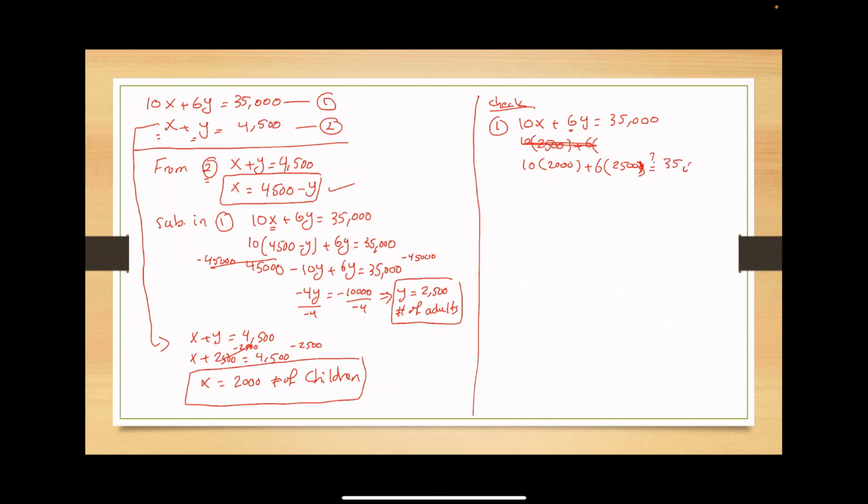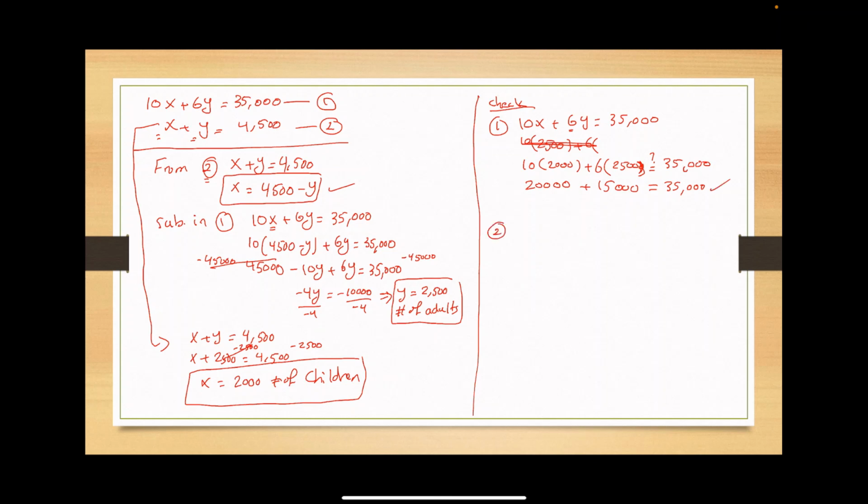This should equal 35,000. 10 times 2,000 is 20,000. Plus 6 times 2,500 is 15,000. And this is equal to 35,000, yes, because 20,000 and 15,000 is 35,000.